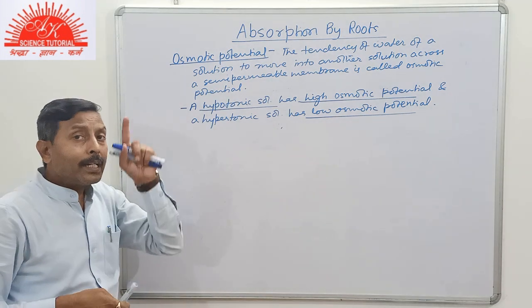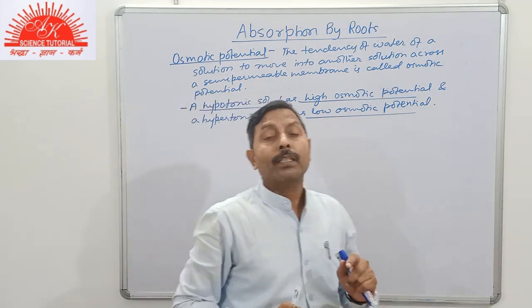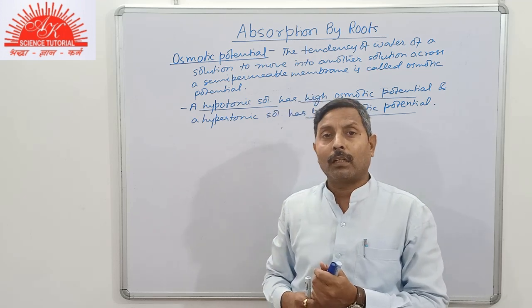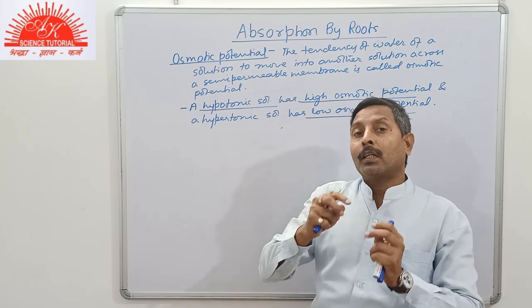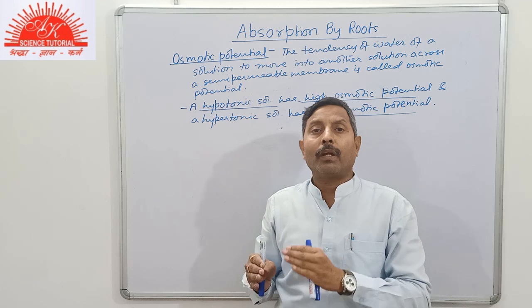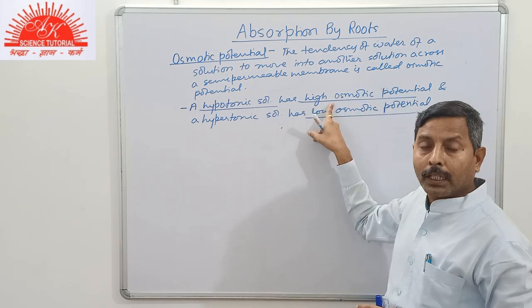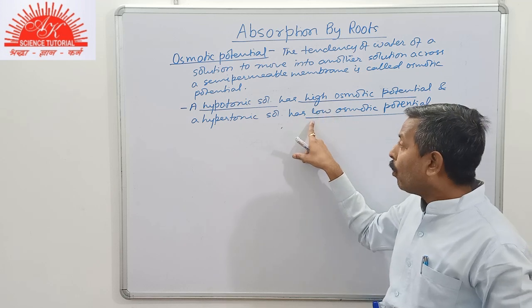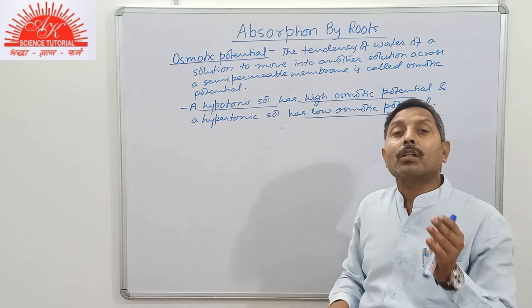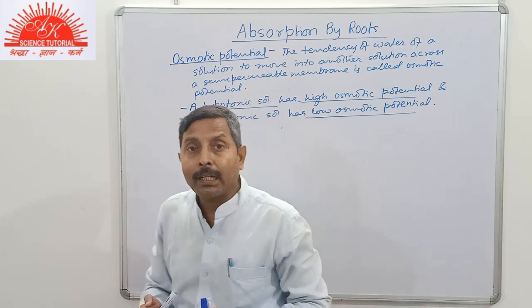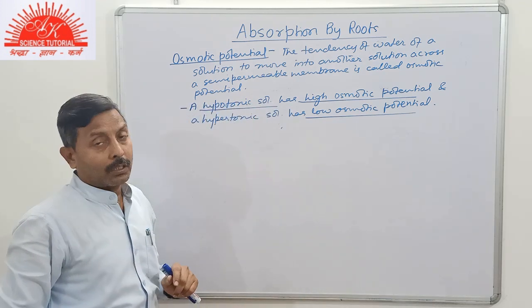So we can again define osmosis on the basis of osmotic potential. Now what is it? The movement of solvent, mainly water, from solution of high osmotic potential to a solution of low osmotic potential across a semi-permeable membrane is called osmosis.